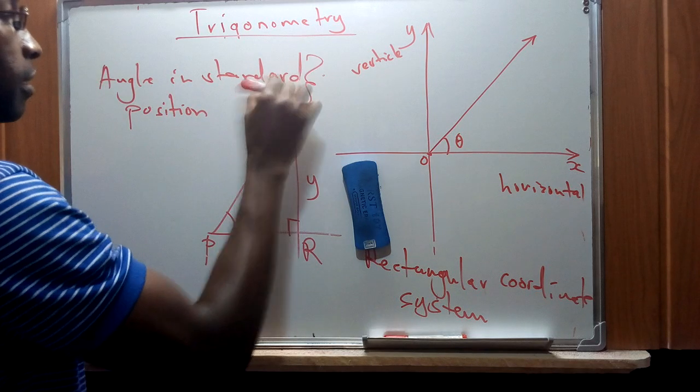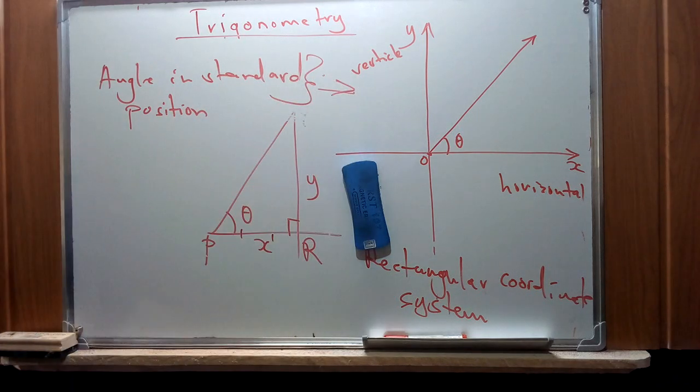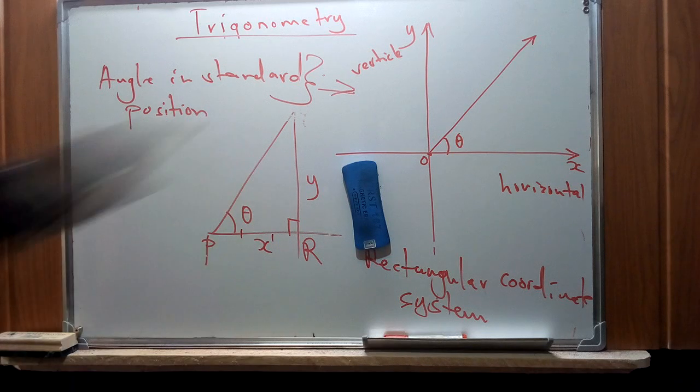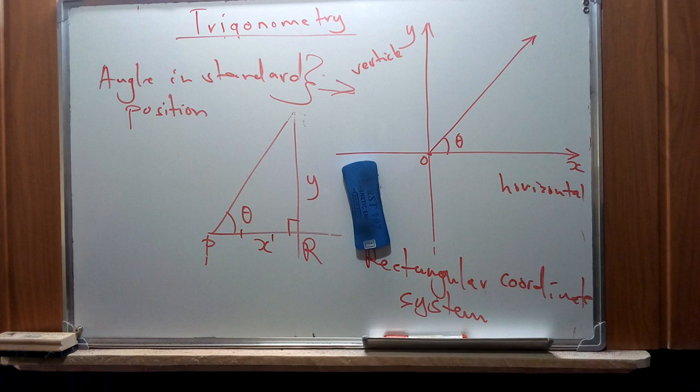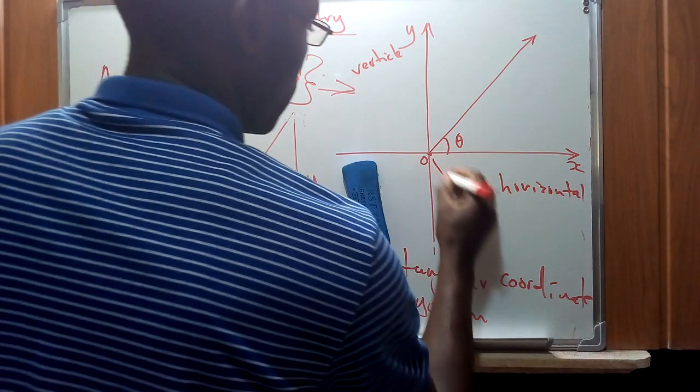We have come across some specific terminologies like standard units, etc. So an angle that is formed in the rectangular coordinate system is referred to as an angle in standard position, in a way that the vertex for this angle is going to be located at this particular center.